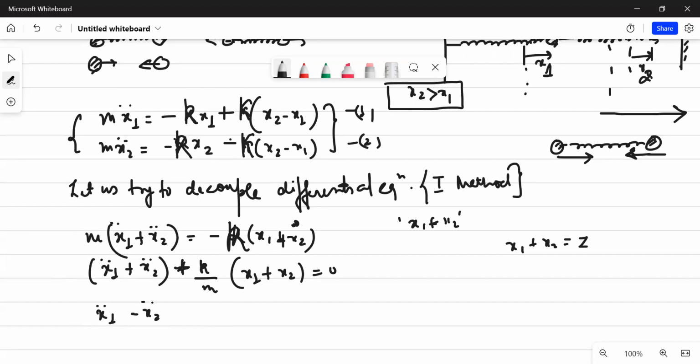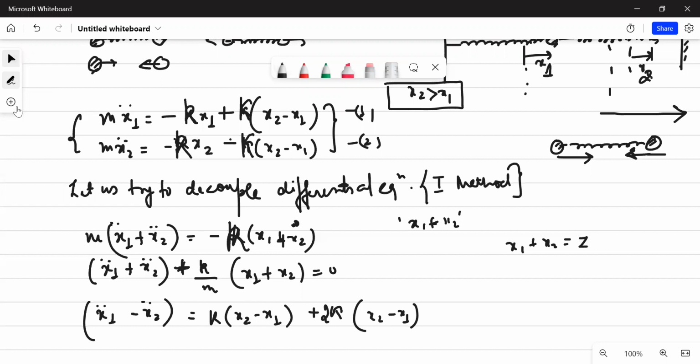So if I want to find x1 minus x2 double dot, it will come out as, let us solve it, k times (x2 minus x1) plus kappa times (x2 minus x1), and I should write 2 here. Is that clear?